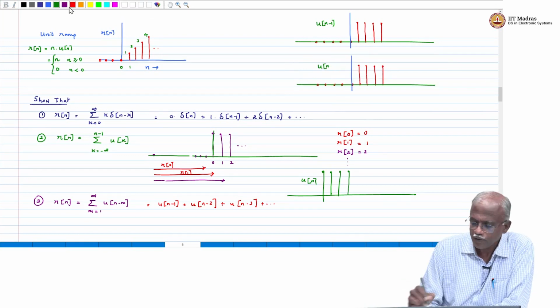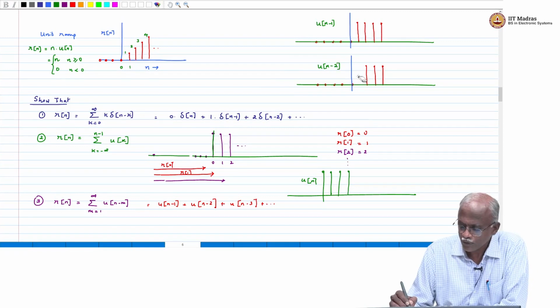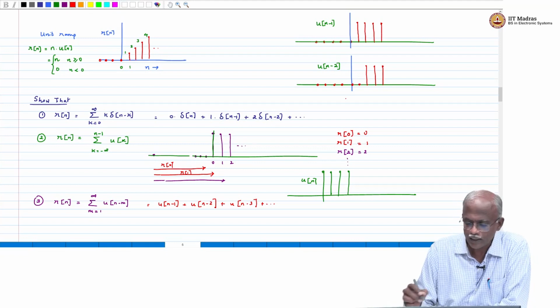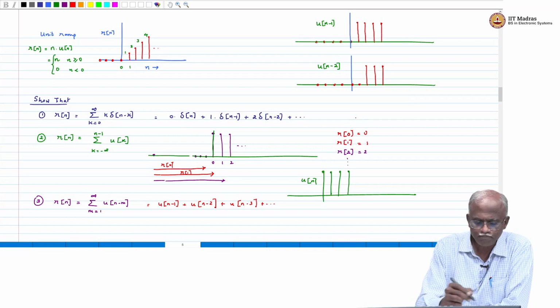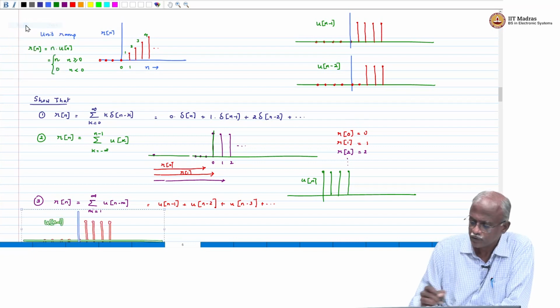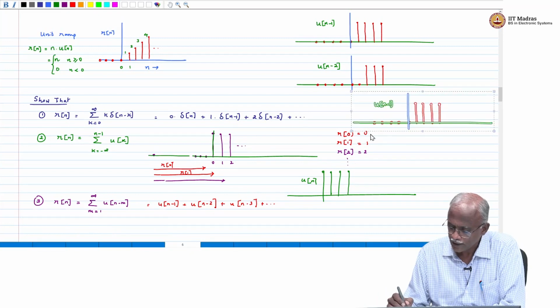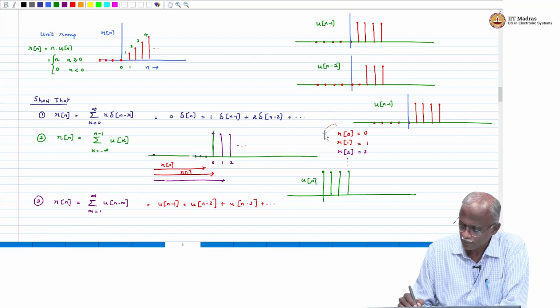U of n minus 2, the second sample is also equal to 0, everything else is the same. Let me do it one more time, moving it a little to the side so that I don't overlap other figures.